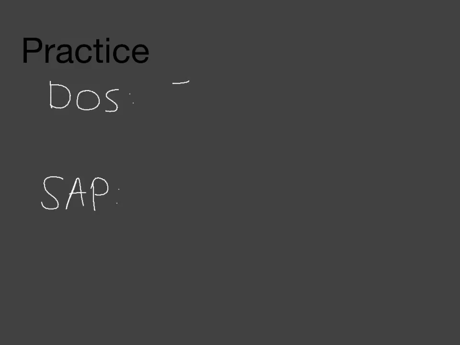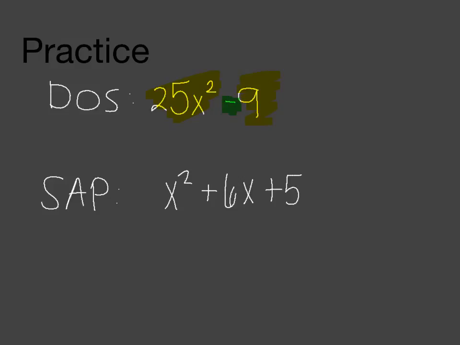So remember, a difference of squares problem will only have two terms, one, two, and is separated by a subtraction sign. Where my sum and product problems, remember, my leading coefficient is x squared with a 1.